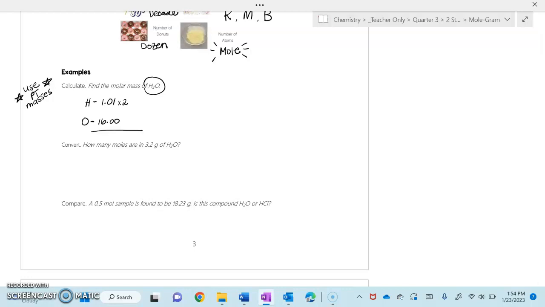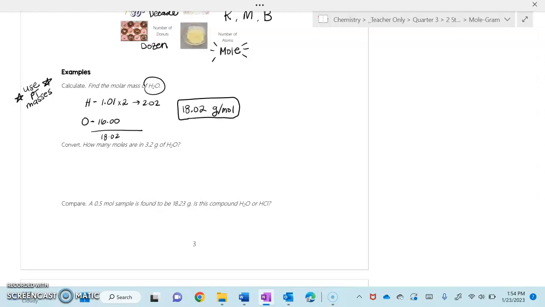And then I'm just going to total this up. This is 2.02, I'm just showing my work. So I'm going to add 2.02 and 16. Little mental math there, 18.02. So the molar mass of water, 2 hydrogens and an oxygen, is 18.02, and then don't forget that unit, grams per mole.